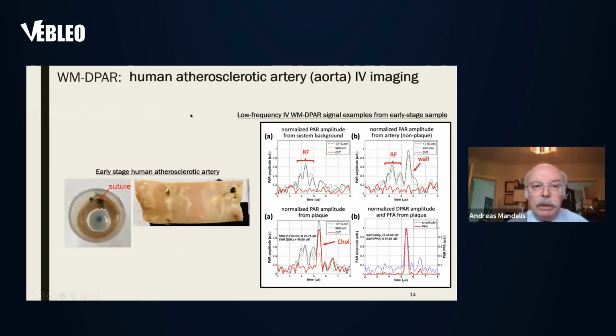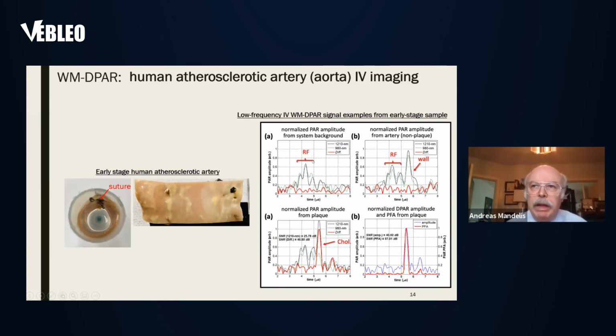Now go to the human atherosclerotic case, where we have a cadaver with atherosclerosis, and you can see here, after you open up the coronary artery, the degree of atherosclerosis on the walls. Once you go up to high frequencies, you have an issue with these signals.